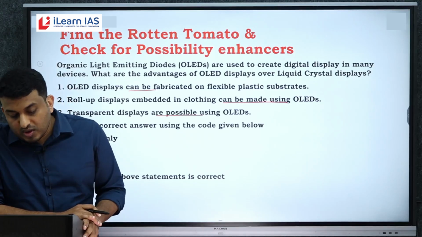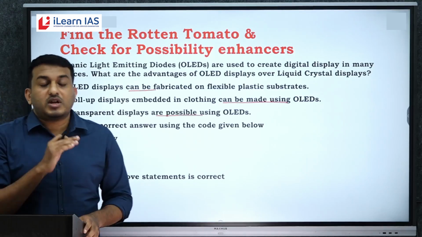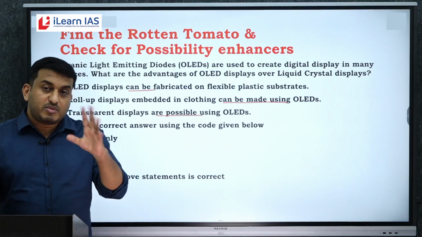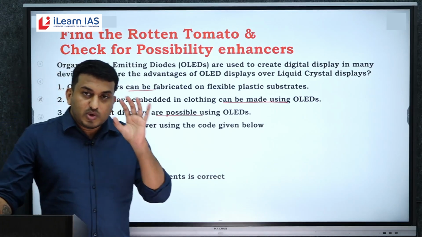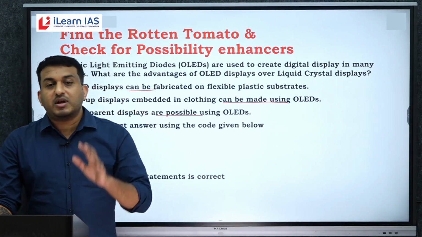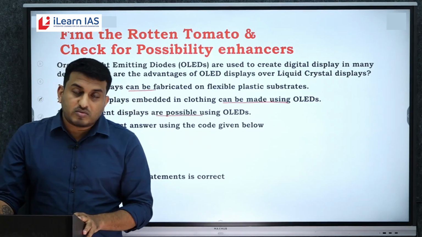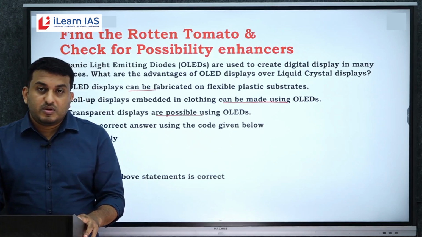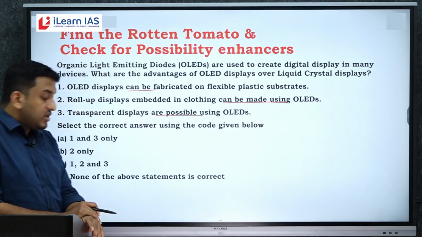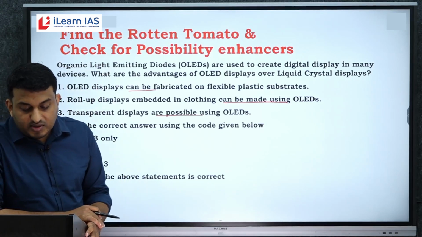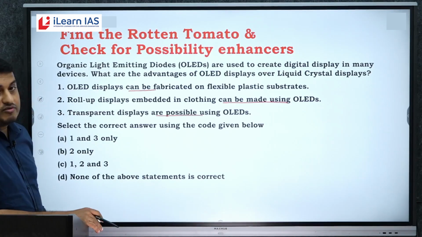So if it is a technological possibility, the examiner will use possibility enhancers in that statement to avoid controversies. So here the answer is C, 1, 2, 3, all of the above.